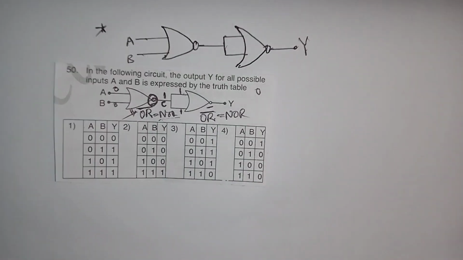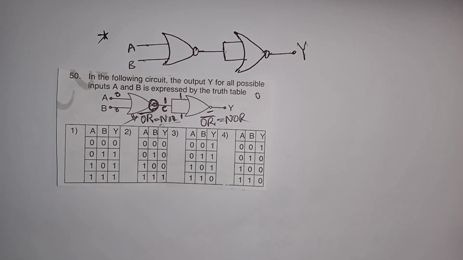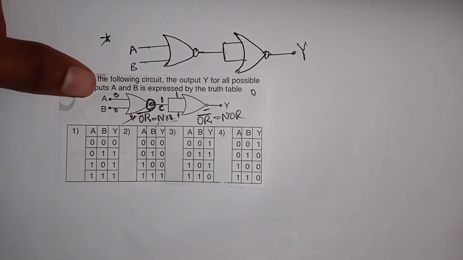Yes, students. In the following circuit, the output Y for all possible inputs A and B is expressed by the truth table.